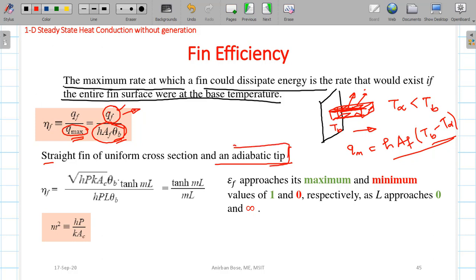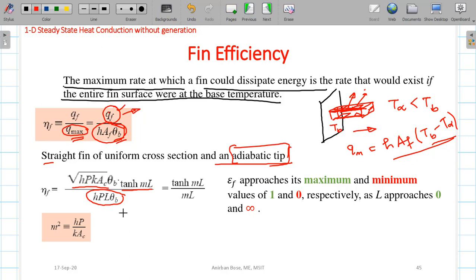For the adiabatic tip, we know the expression for Q fin is root over hP k Ac times theta b times tanh(mL) in the numerator, and in the denominator is the maximum heat transfer possible if you assume the fin temperature throughout is the base temperature.